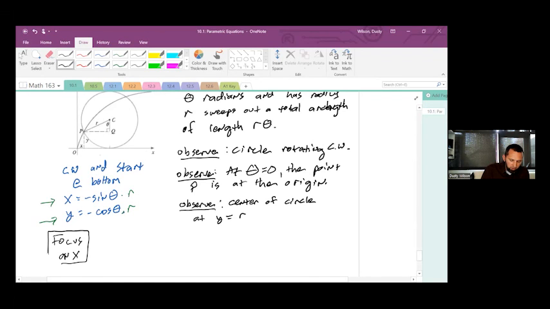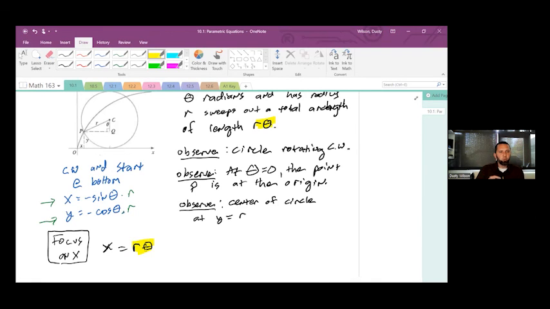Our x coordinate is going to, roughly speaking, be on the basis of how far the wheel has rolled, so it's going to be moving along the x-axis. And we know that the distance it's traveled along the x-axis is r theta from our earlier observation.